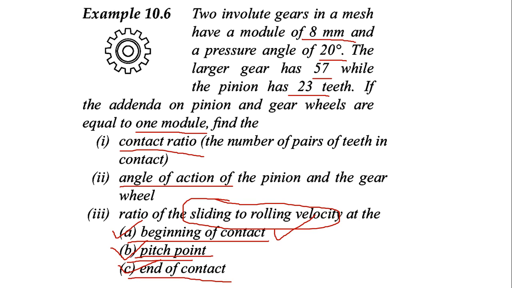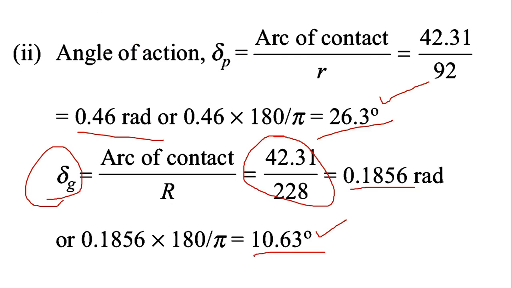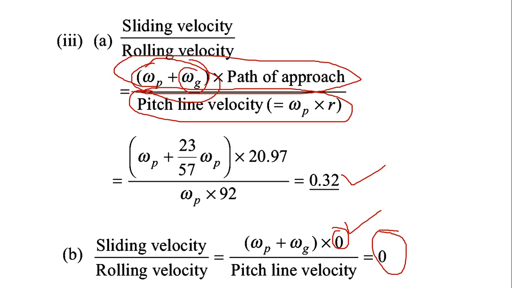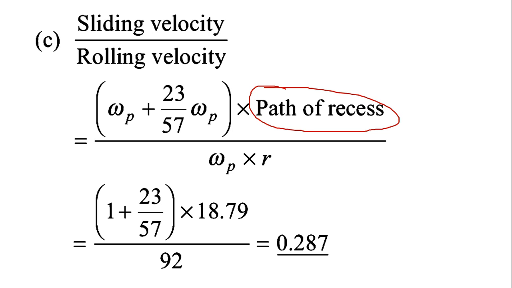Next, the third case, at the end of contact. At the end of contact you have to use the path of recess, the remaining part. First the path of approach, at the pitch point you take it as 0, and then the path of recess. If you take the path of recess as 18.79, you get the answer as 0.287.